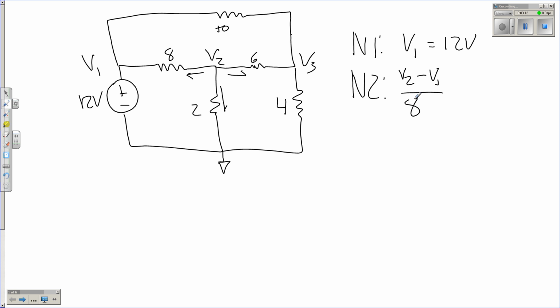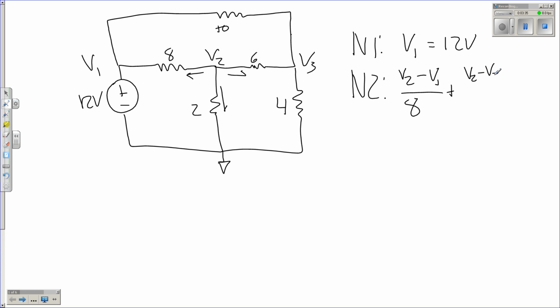over 8. Now, here I was talking about currents, yet I put it in terms of voltage and resistance. Well, if you remember Ohm's law, right? V over R equals I, and that's all I've done. I've just replaced that current for each of these branches with this equation. And we can go through the other two, like so.